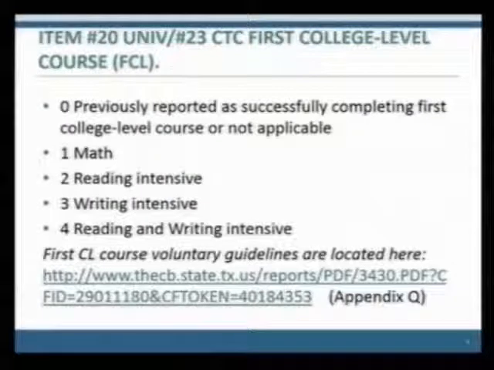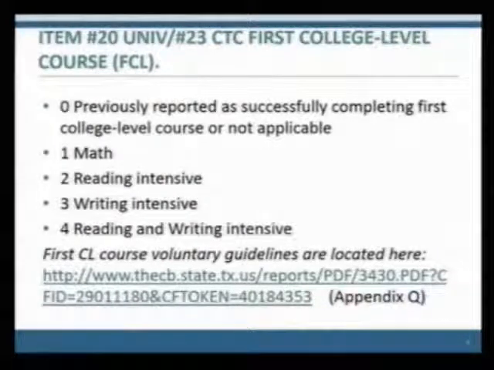Our first college level course item is where you tell us if a student has successfully completed a first college level course, and this is with an A, B, or C. I didn't include all the information here, but this is another item that's very important, especially for community colleges, because it is tied to success points. We use this item to help calculate those.